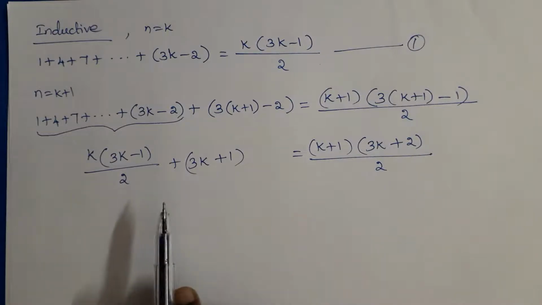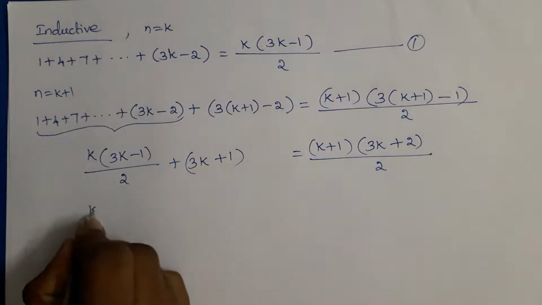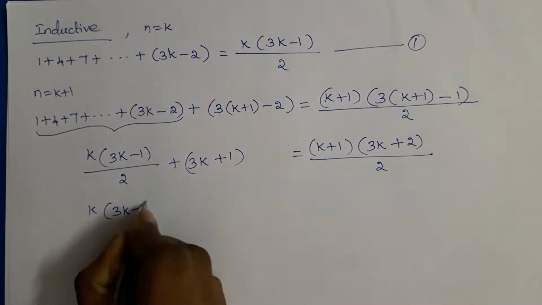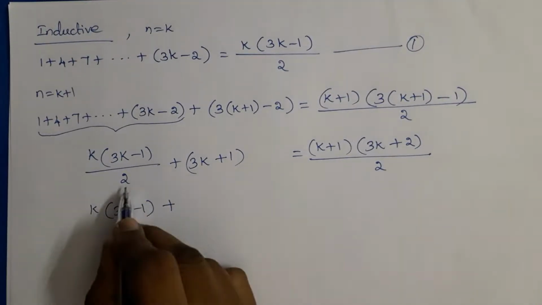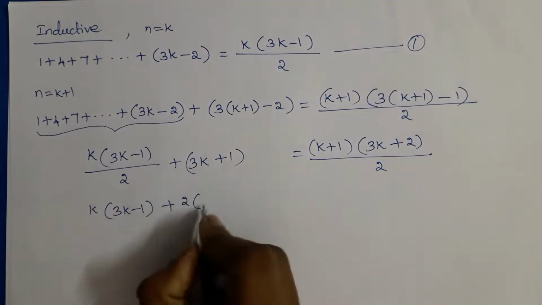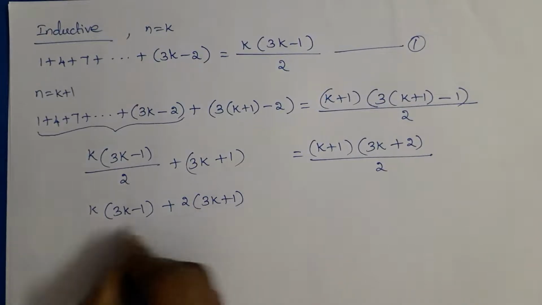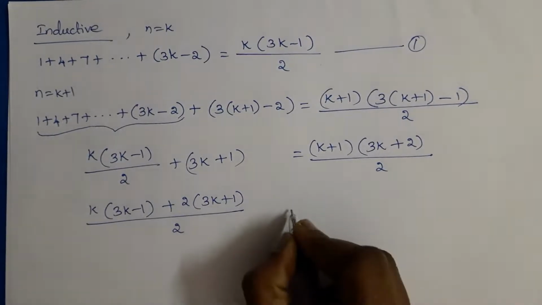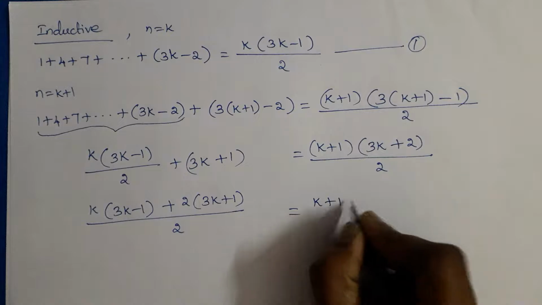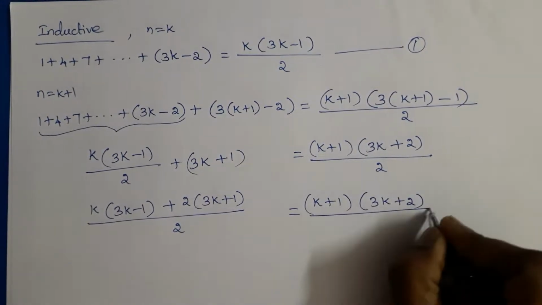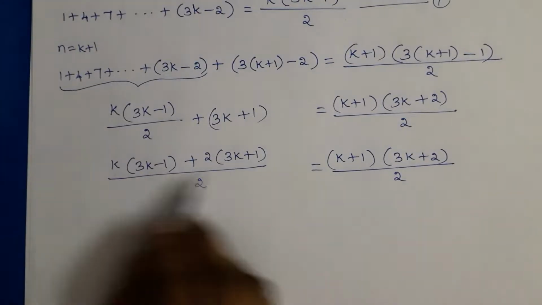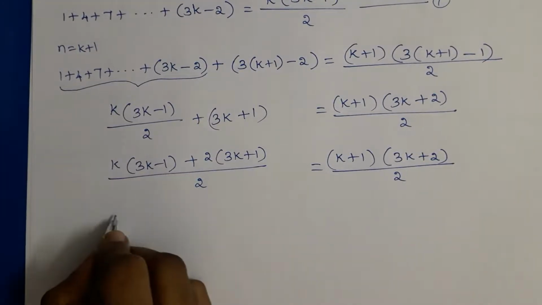So k times 3k minus 1 plus, taking the LCM, 2 times 3k plus 1, divided by 2 is equal to k plus 1 times 3k plus 2 divided by 2.